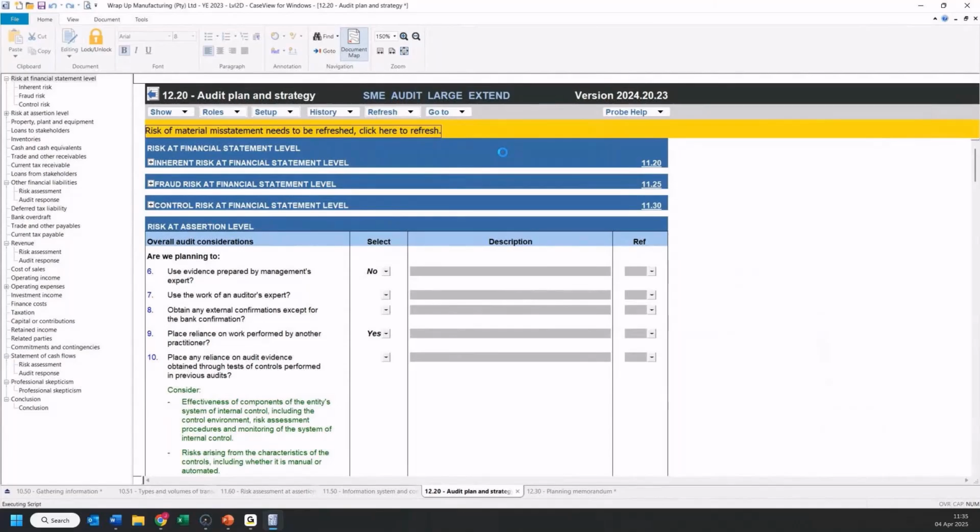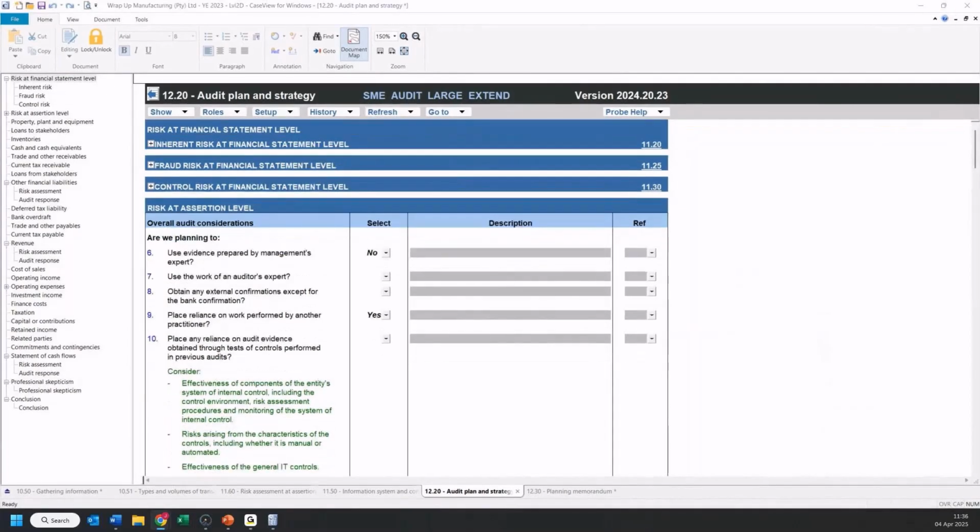The reality is, in all likelihood, you are going to record these risks and then open up 12:20, so you won't necessarily need to wait or to refresh, like I've had to refresh now. Good. So 12:20 audit plan and strategy, it's updated and we can now work.